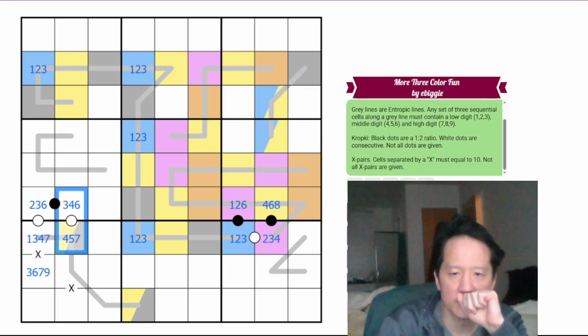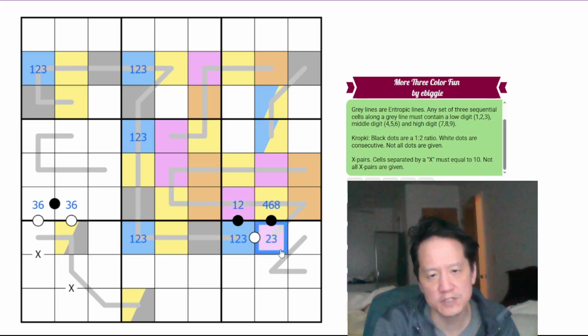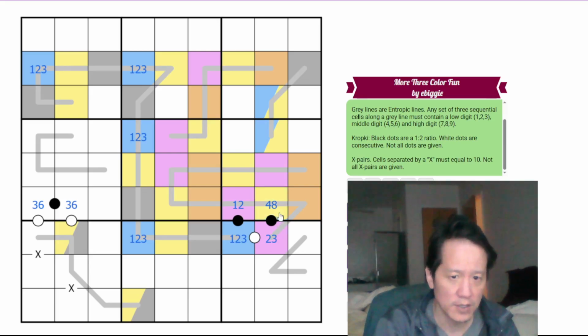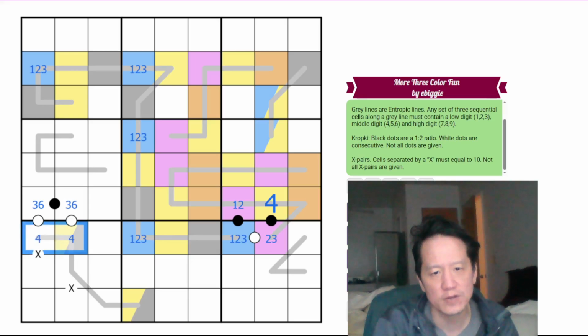Hold up. Okay, does 3, 6 actually work? I don't think it does, actually. Let's try 3 and 6 again. If this is 3, 6, this becomes low. This is a low, so this is 2 or 3. 6 cannot be here. Cannot be 8 because 4 is no longer here, so this would be 4. And this would then be this. So this would be 4, 7.